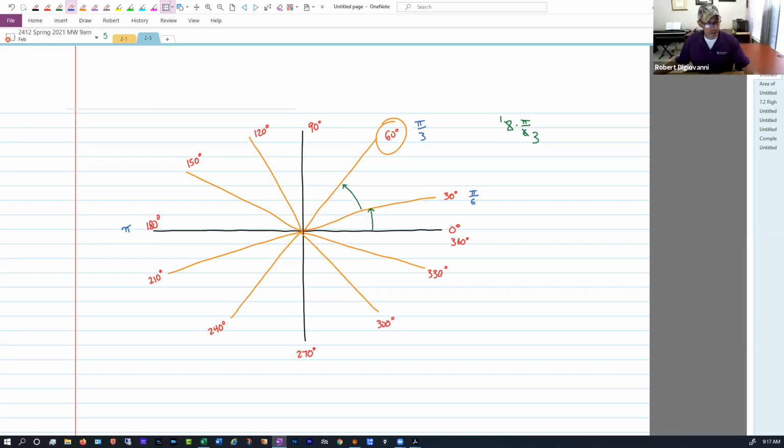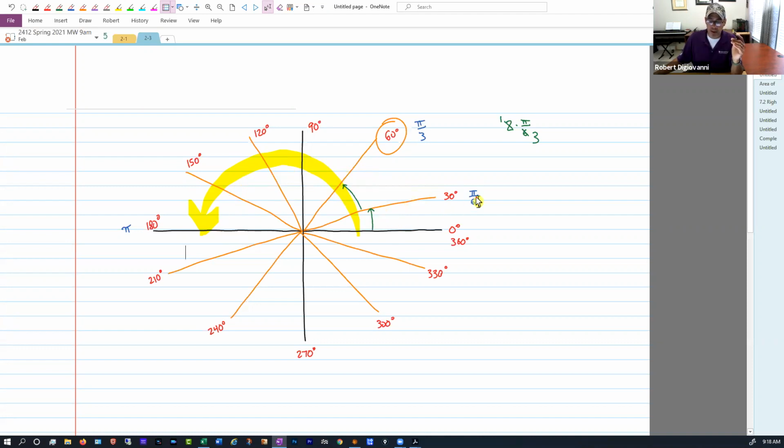Okay, think about this right here, from here to here is pi. That's how we defined pi, basically. We said it's a half rotation. Because I've chosen to cut up the first quadrant into 3 equal angles, when you put the first and second quadrants together, you have 6 equal regions.